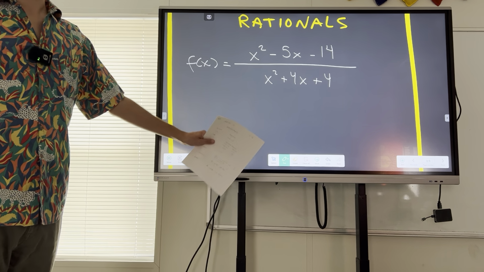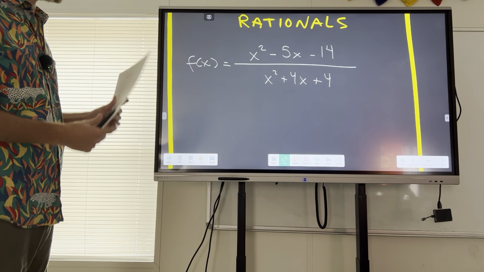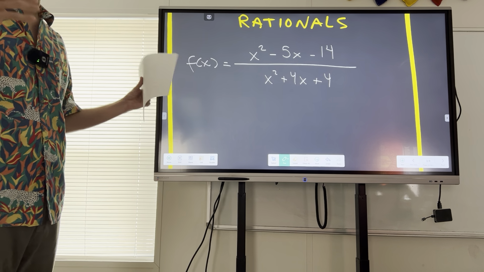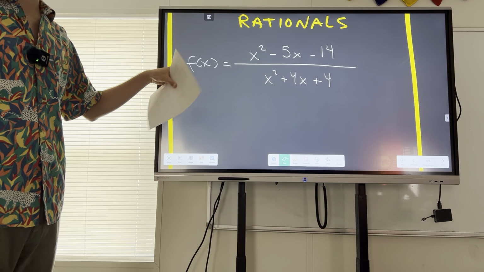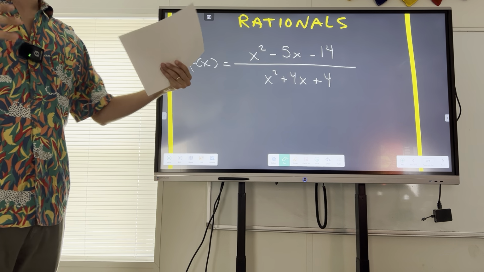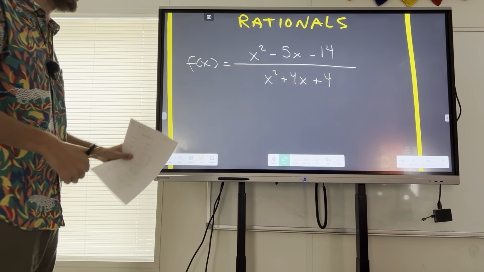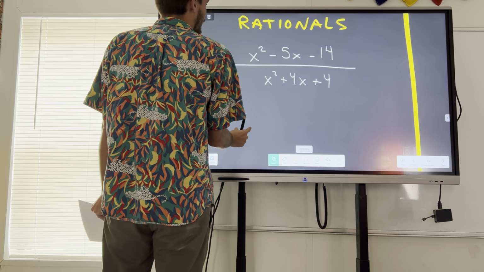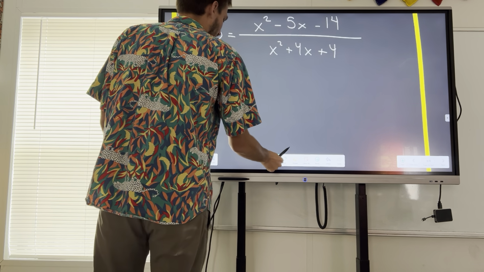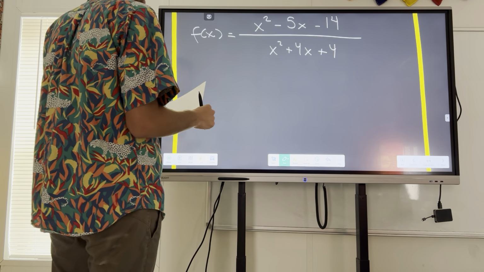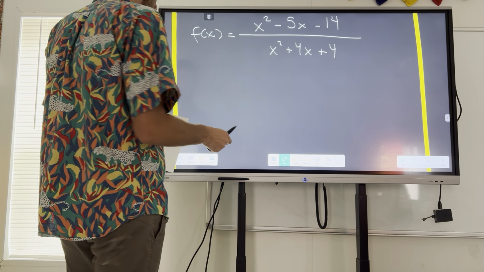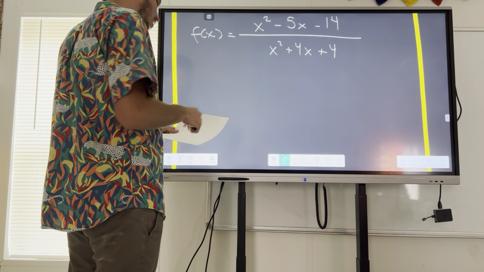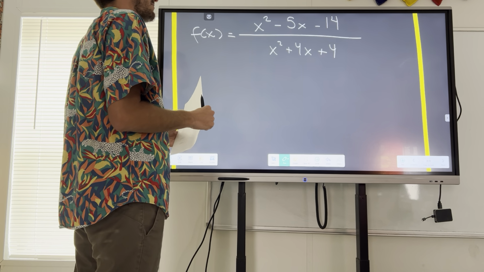It's a fraction. X is on the top, x is on the bottom. Particularly the x's on the bottom are causing problems. The x's on the bottom might be 0, and they're going to cause a possible divide by 0 major error.